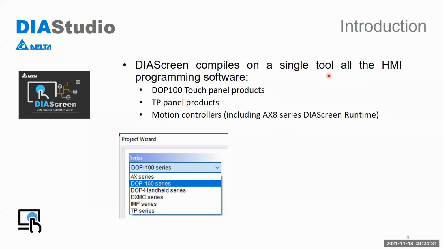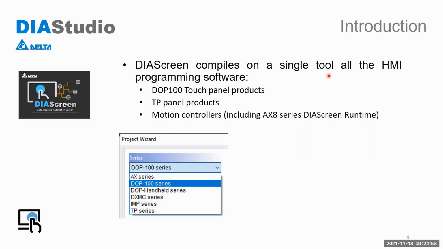And one of the tools we have is DIAScreen, which is ready to program not only our DOP 100, the touch HMIs, but it also includes the TP panels and also the soft HMI, the virtual HMIs we have in some of our motion controllers, like for instance the AX8.